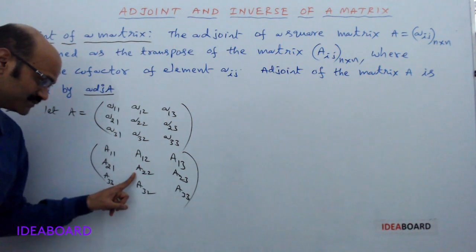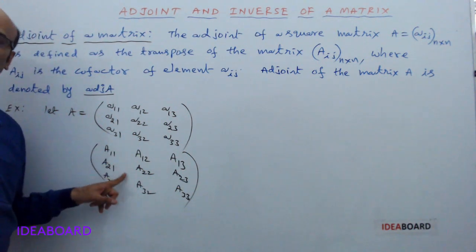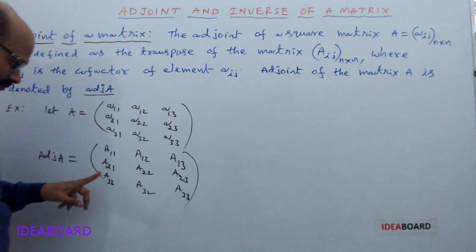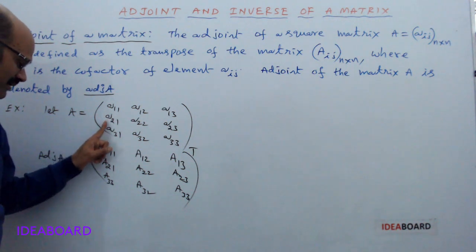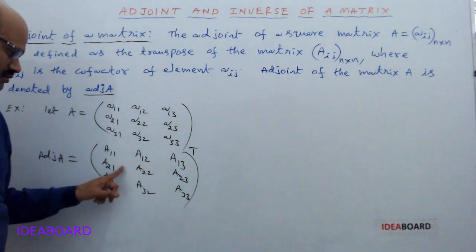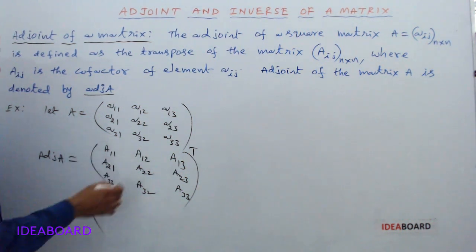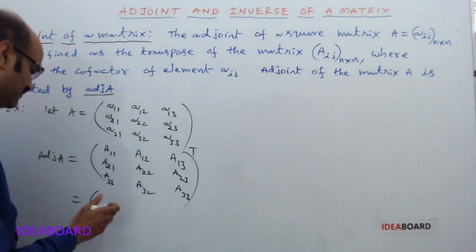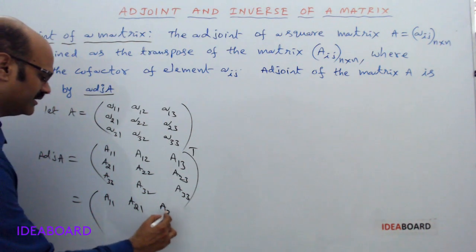Now if you take the transpose of this matrix, the transpose of this matrix is nothing but adjoint of A. Therefore, adjoint of A equal to transpose of the cofactor matrix of the given matrix A. By interchanging the rows and columns of the given matrix, we get the transpose of the matrix. So, it implies we take A11, A21, A31.